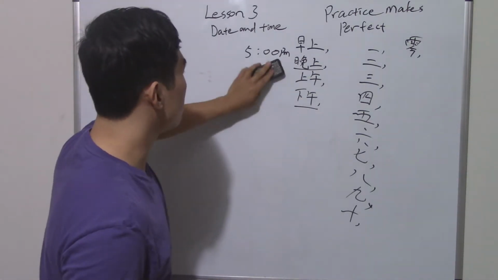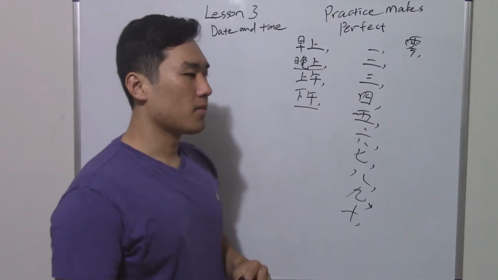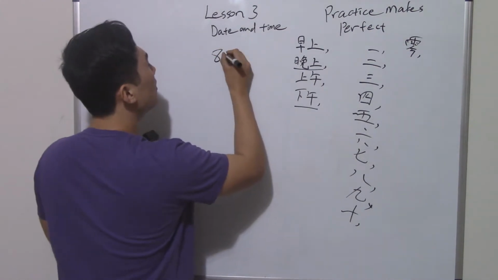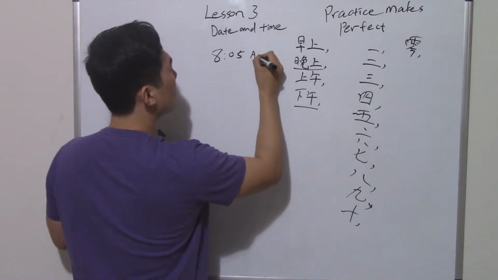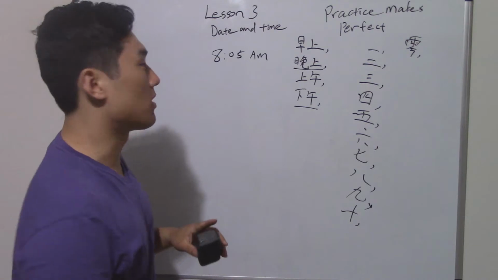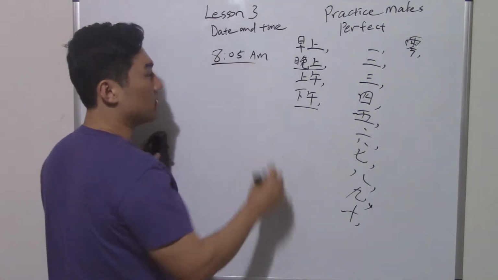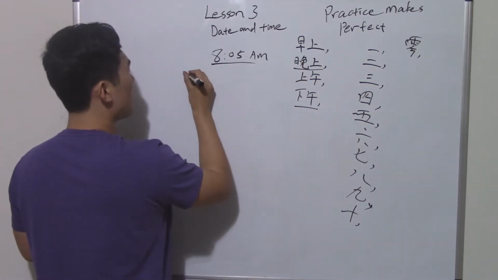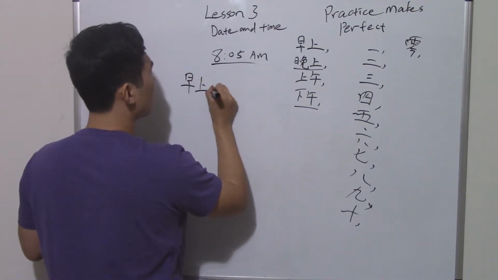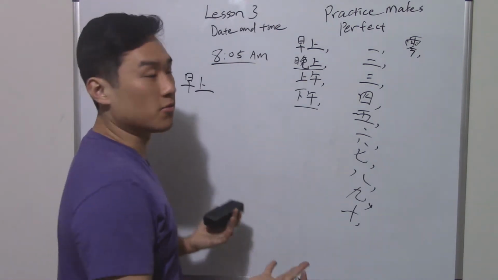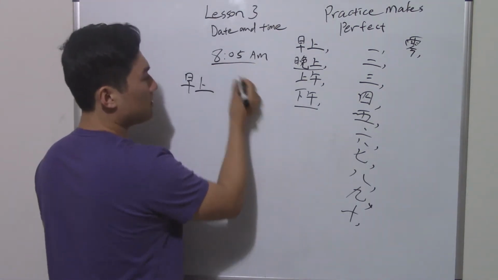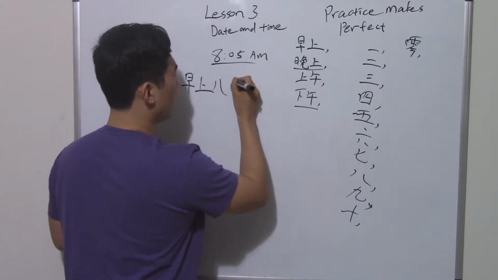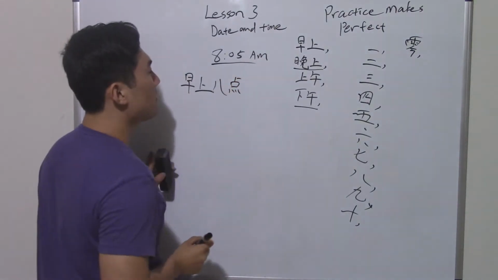Okay, let's give another example here. How about 8:05 a.m.? How do you say that in Chinese? I know 8:05 is in the morning, so we can say 早上, that means in the morning. And then 8 in Chinese would simply be 8, and then 点, as we talked about, 早上8点.